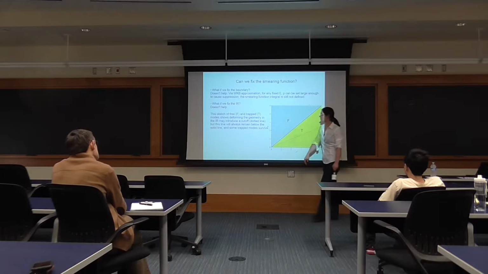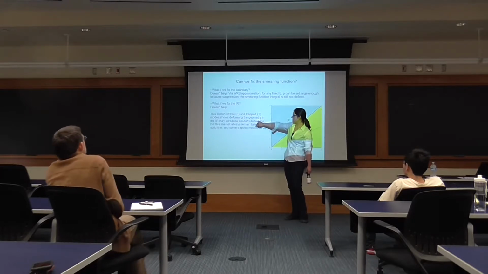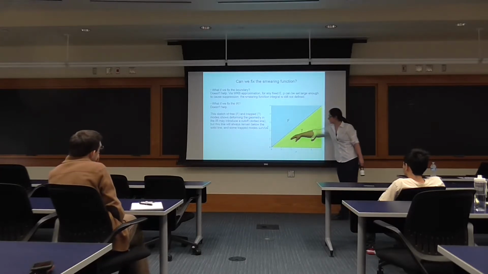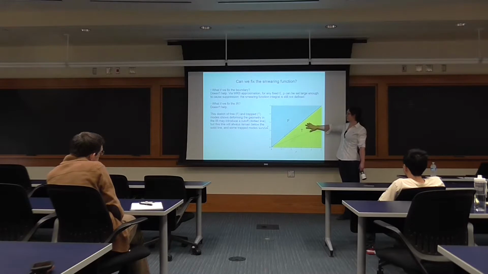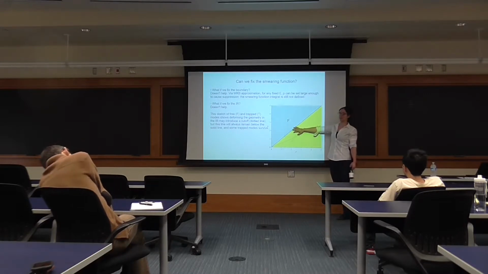So if I deform the geometry in the IR, I can basically introduce some kind of cutoff on these trapped modes, but there's still going to be a wedge that's a problem.